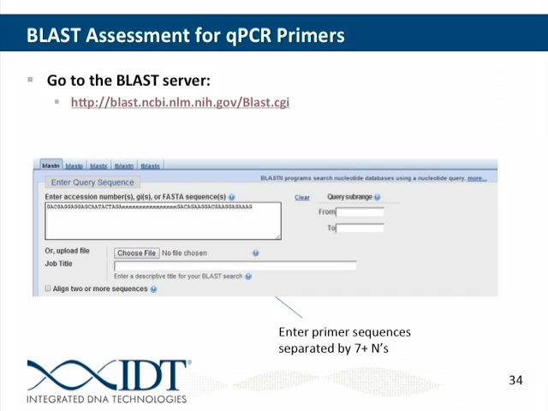And so we can see here we've got our forward primer, our reverse primer, separated by a series of Ns. Oh, sorry. Does the number of Ns have to be specific to the amplicon size? No, just variable. Yeah, you just want to make sure it's greater than whatever word size you have selected.